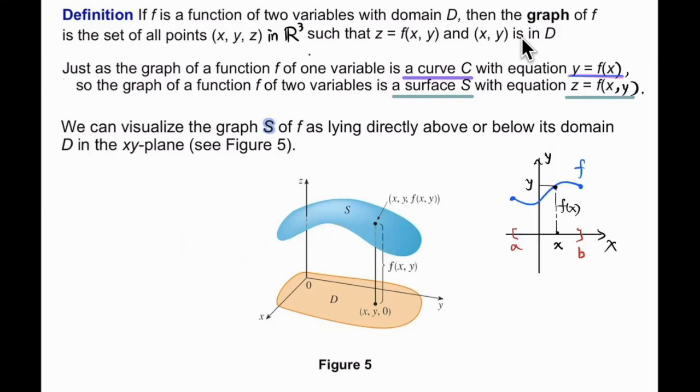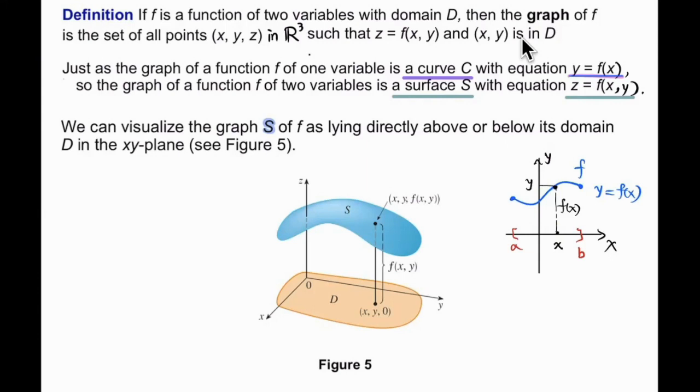So remember, in the past, when we have a function f of one variable, we get a curve with this equation y equal to f of x. For every x in the domain of the function, we get a unique y value as the output.